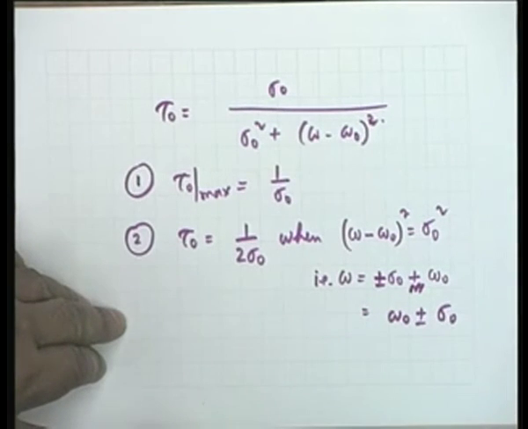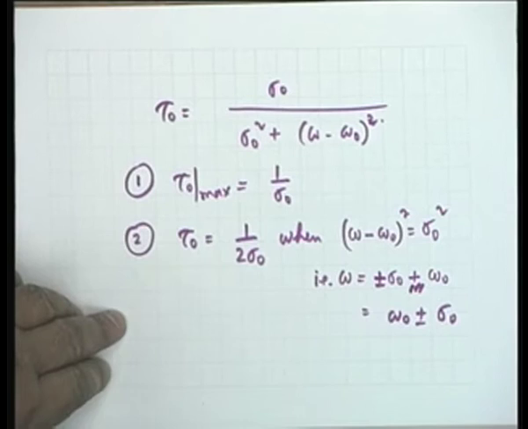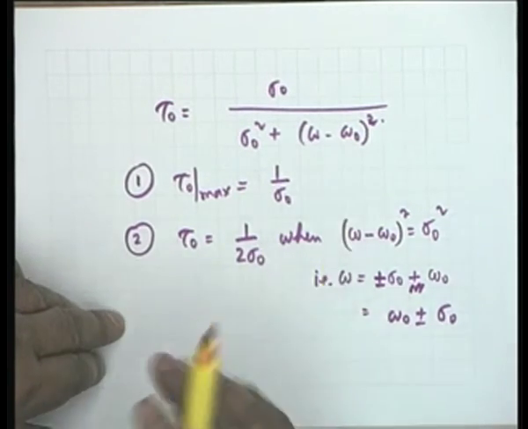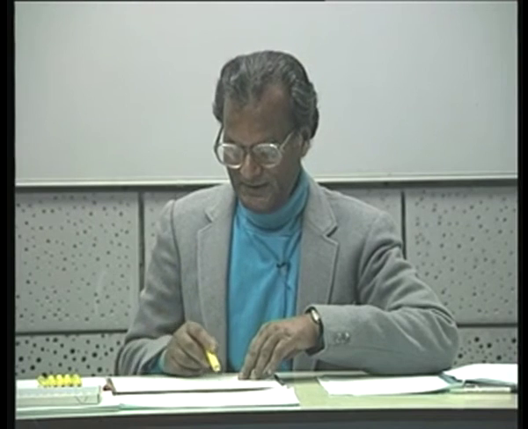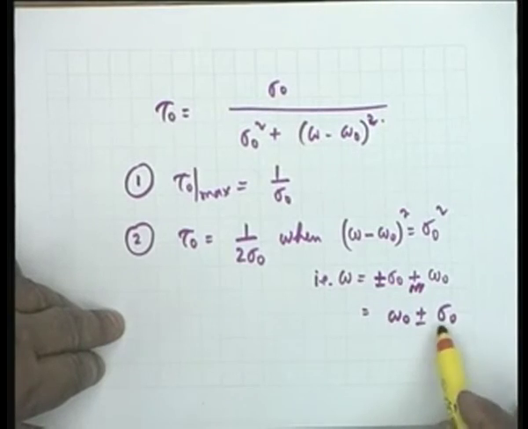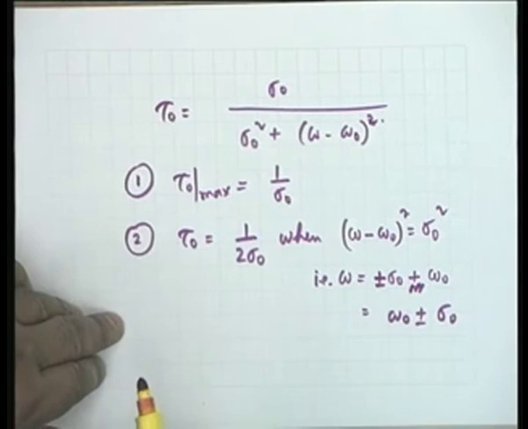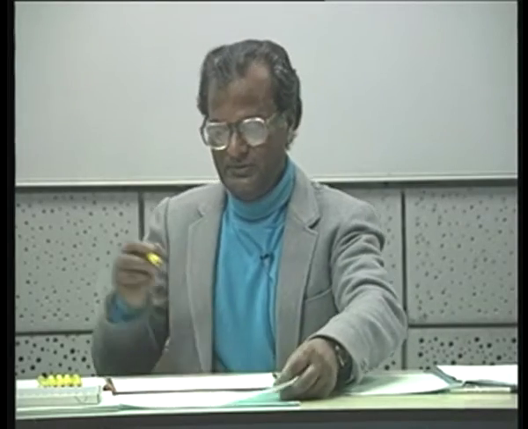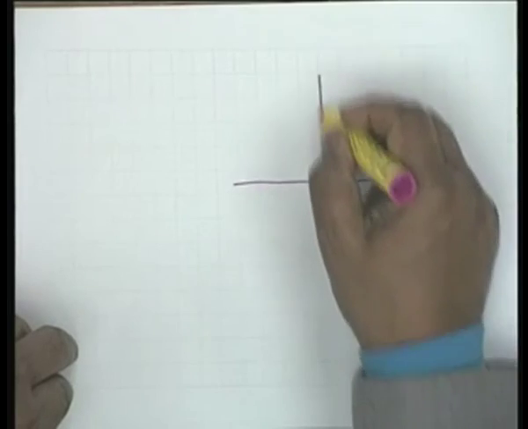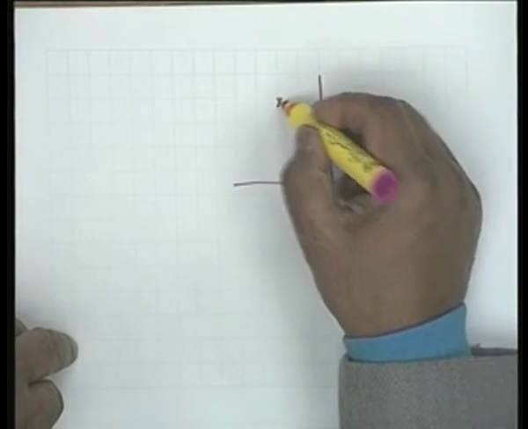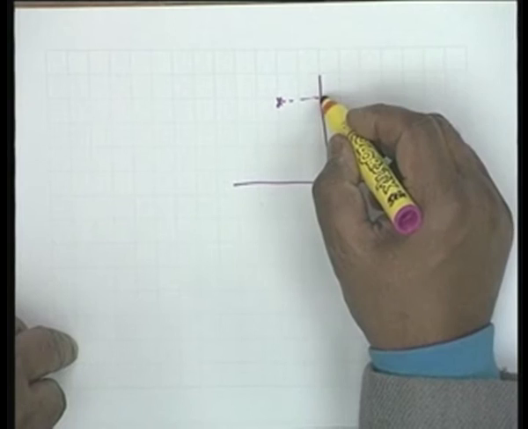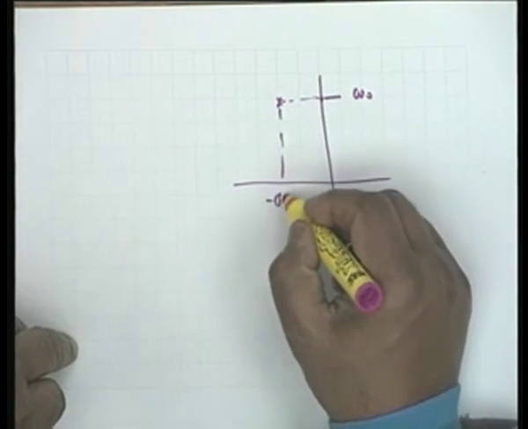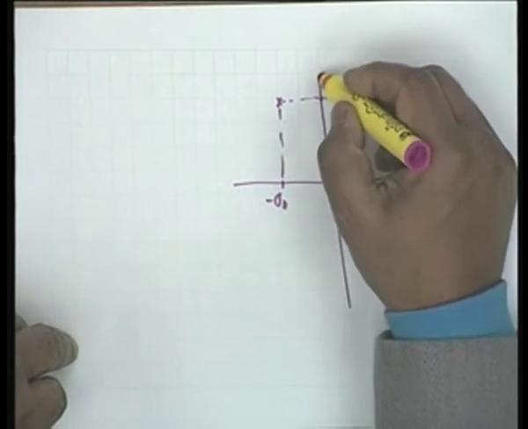All right. Now obviously these are the half delay points, exactly like half power points. The two frequencies omega 0 plus minus sigma 0 are the half delay points, and if we go to the pole zero sketch, omega 0 is somewhere here and this is sigma 0, minus sigma 0.